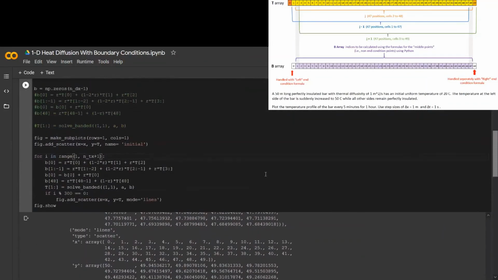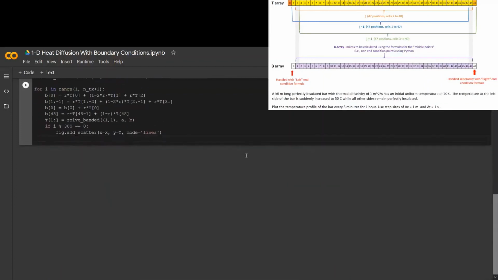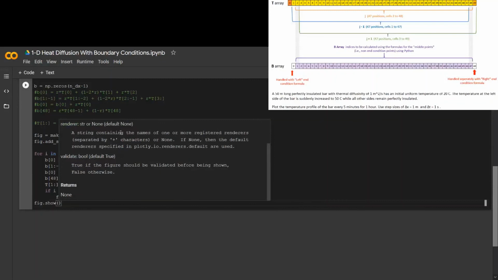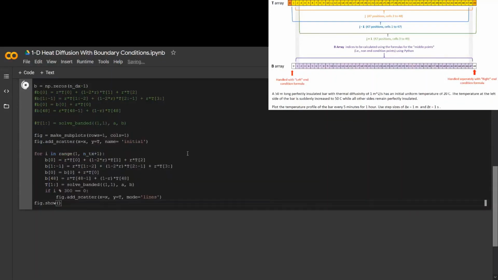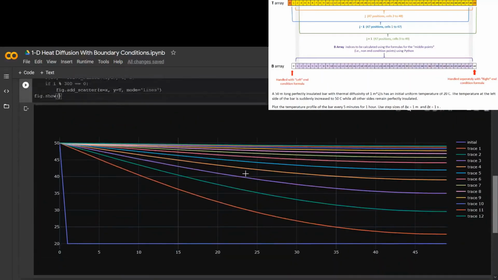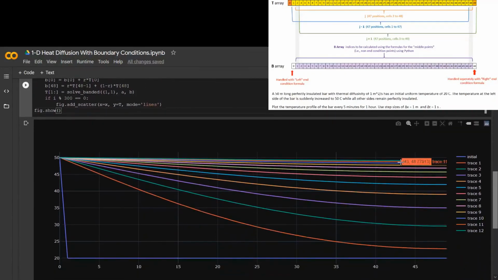Okay, it didn't graph. fig.show. Why didn't that work? I don't know why it didn't work last time. Okay. This looks pretty good.